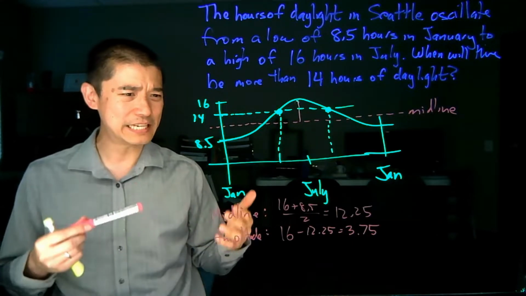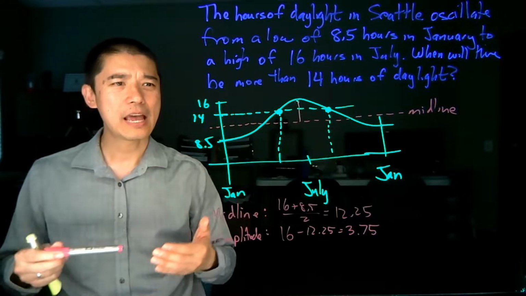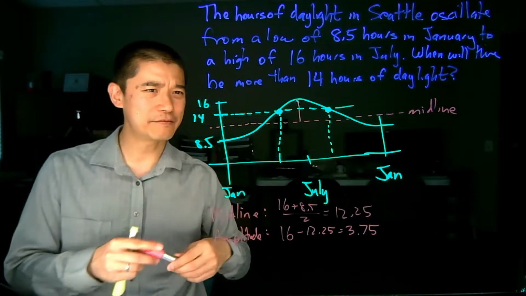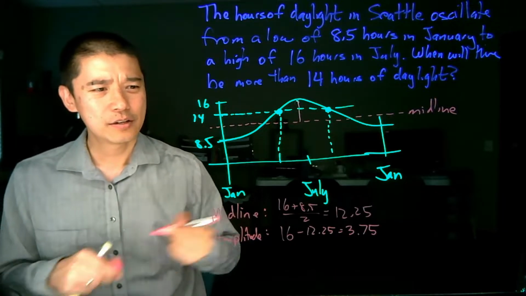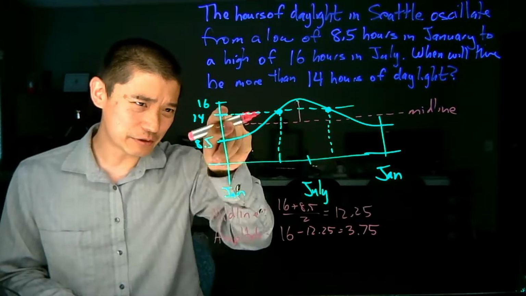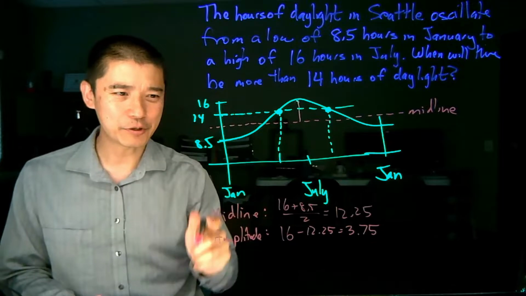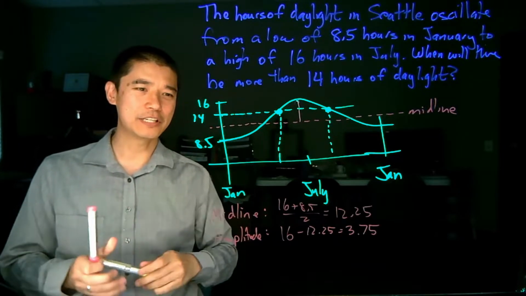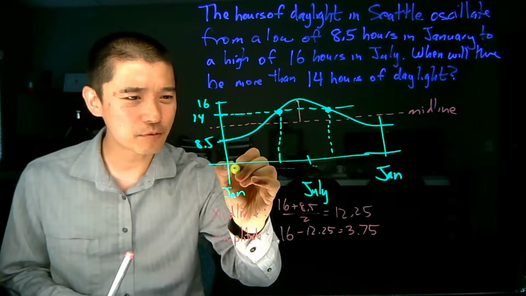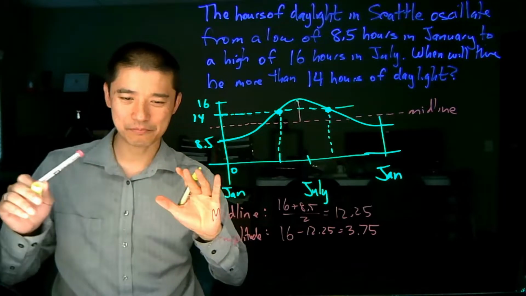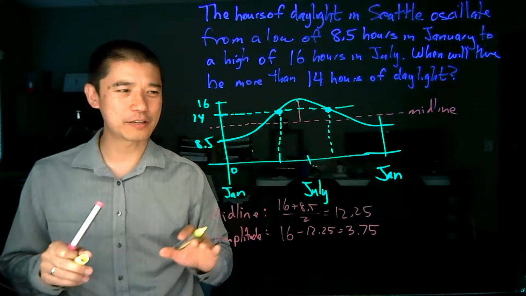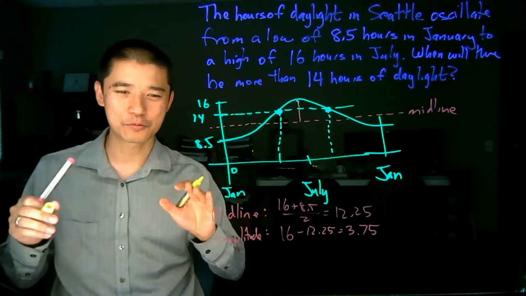The things we need are the period, and we need to figure out whether there's going to be a horizontal shift to this. I've drawn it here with January right at the start so that January can be considered as time t equals 0. And since this problem is working in months, we can then figure out what July is. Now, a common mistake at this point is to think, well, July is the 7th month, so July is 7.